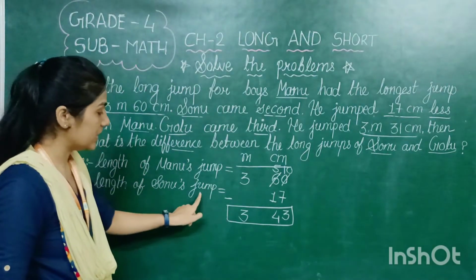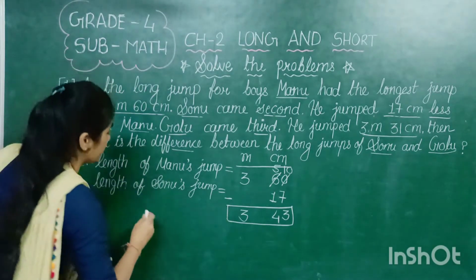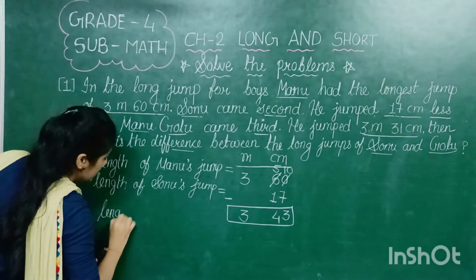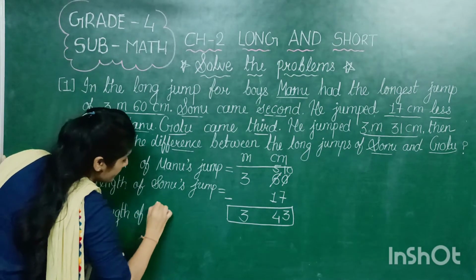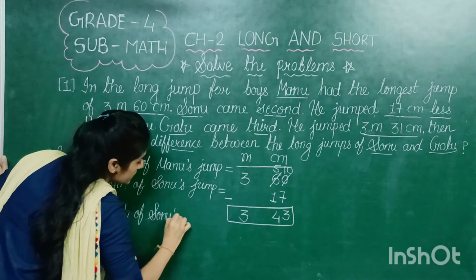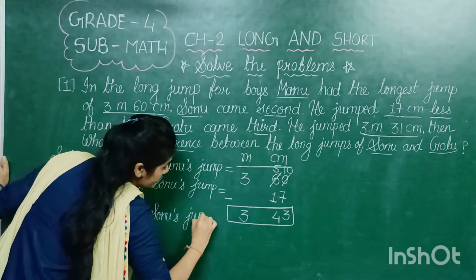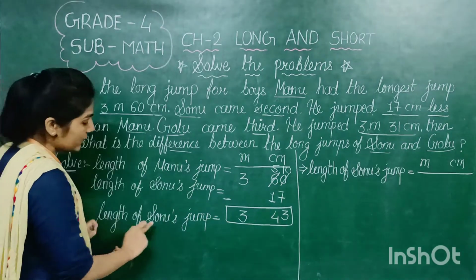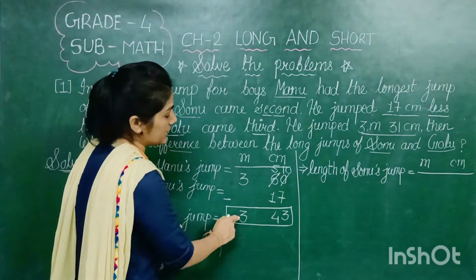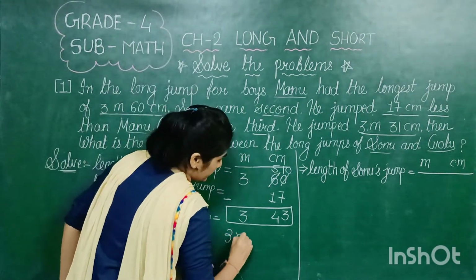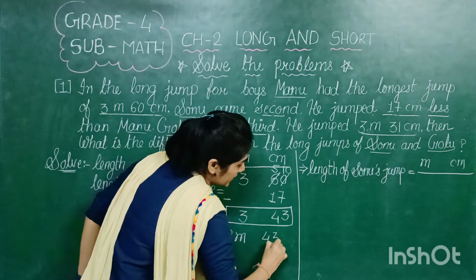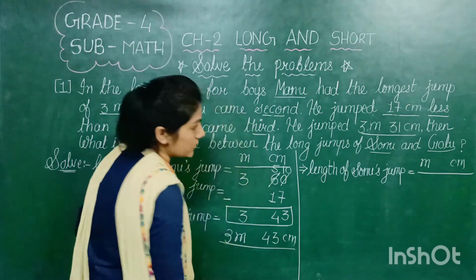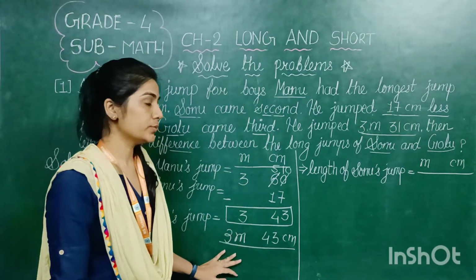The length of Sonu's jump we have found is 3 meter and 43 centimeter.